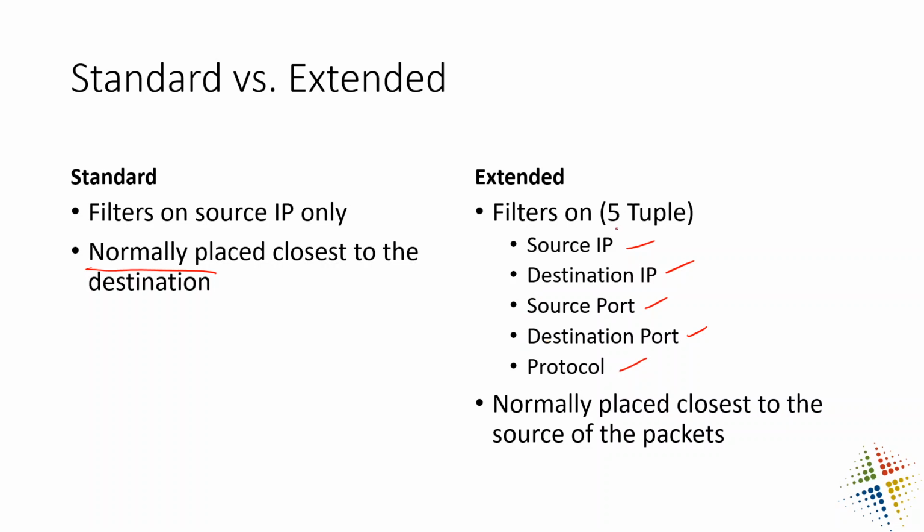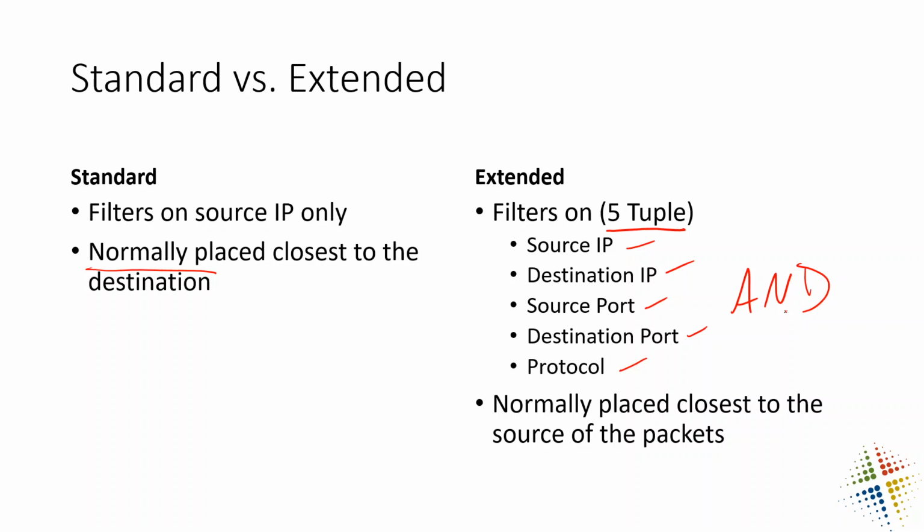These guys right here are normally what's referred to as the 5 tuples in firewalls. I hope I'm saying that right, tuples. I've heard it both ways. I think it's tuple. But basically you have 5 items that you can filter against, and you can set these up in an AND formation.